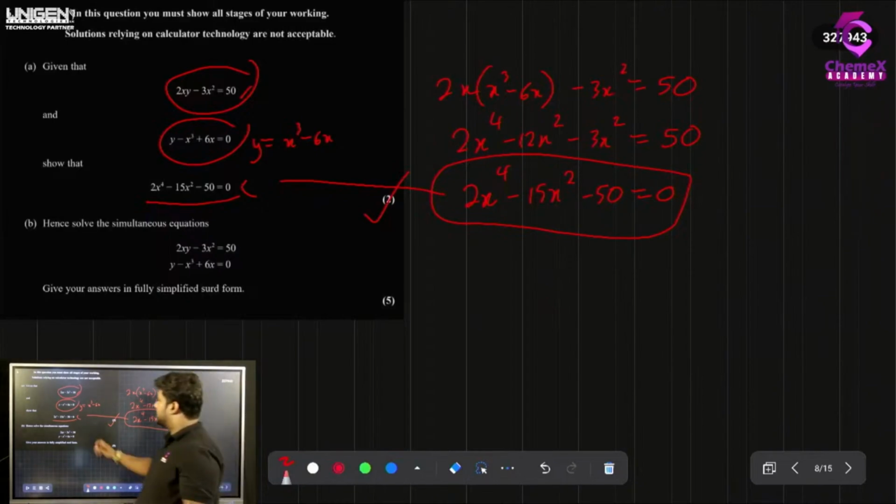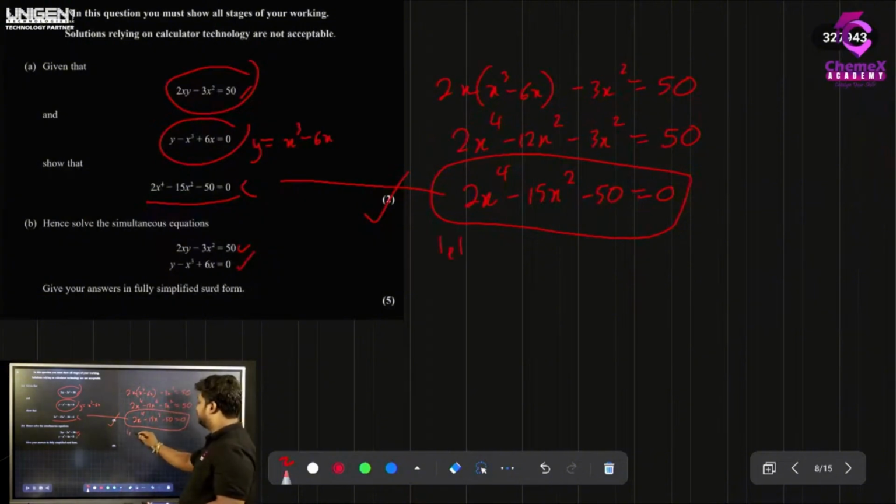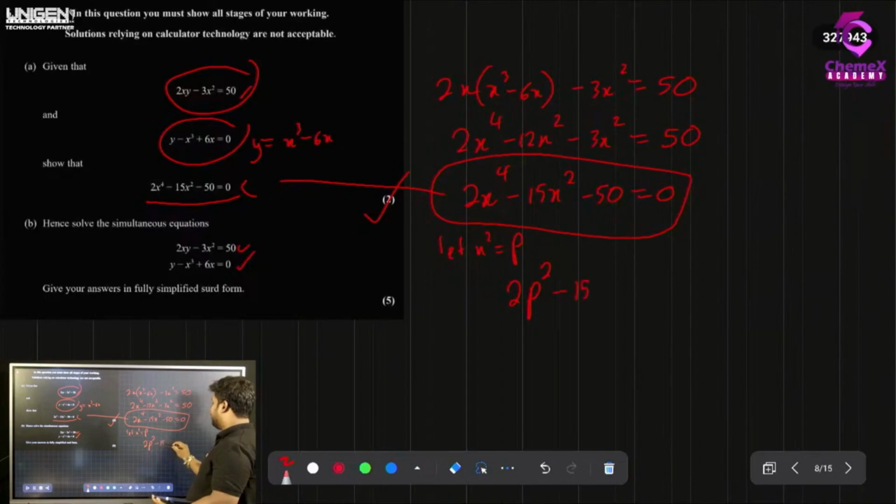Next question is hence or otherwise solve it. So let's solve this question. Let x squared be some letter. If you like, p. So 2p squared minus 15p minus 50 equals 0. So Vivek, can you give me the two answers for p?